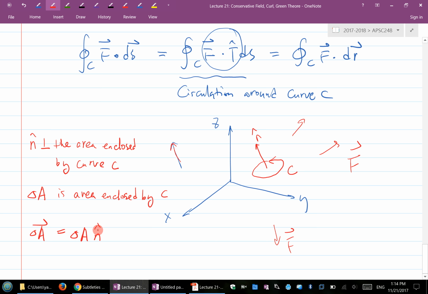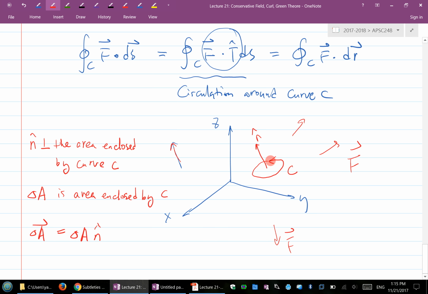Does that make sense? So this has actually become a norm from now on. When you have a small area, there are two pieces of information. It's actually a vector. One is its magnitude, and the other is its orientation. The orientation is a vector perpendicular to this small area. All right? So that's basically what I'm looking at here now.